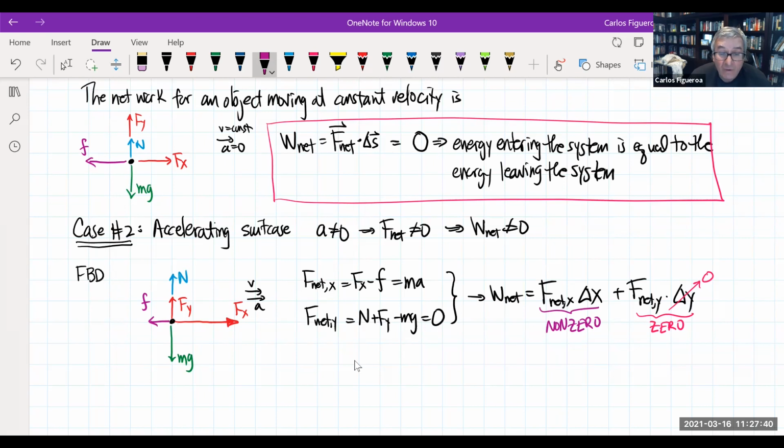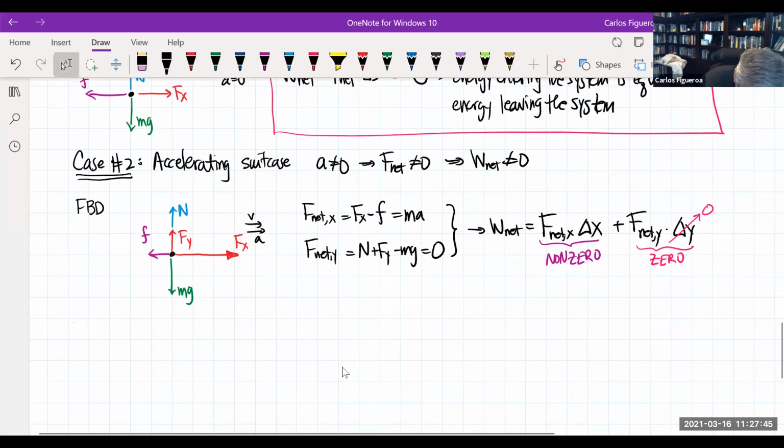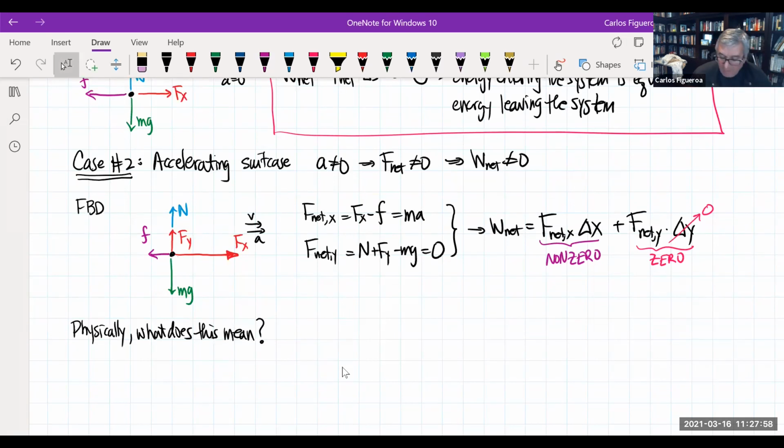So physically, what does this mean? If I look at this mathematically briefly, we could say that the net work has to be the work done by the force F of x minus the work done by friction.